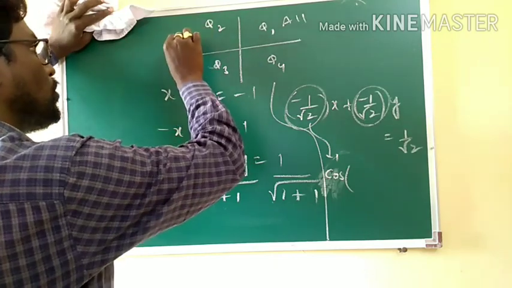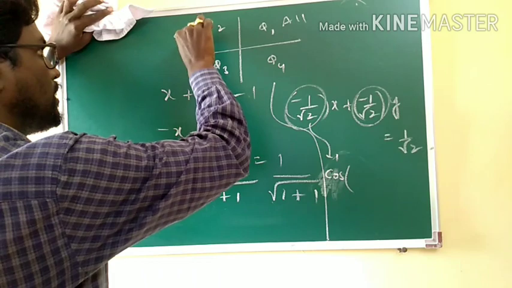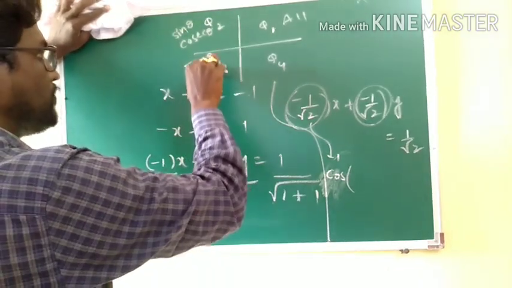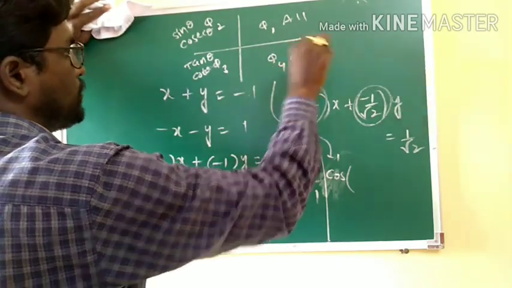Here only sine and its reciprocal, sine theta and cosec theta, are positive, and here tan theta, cot theta are positive, and here cos theta and secant theta are positive.